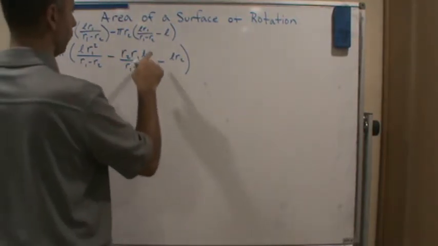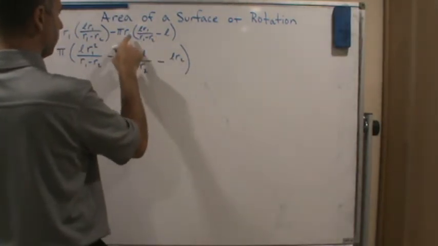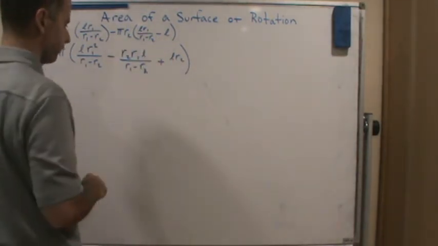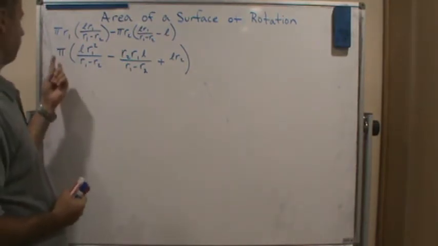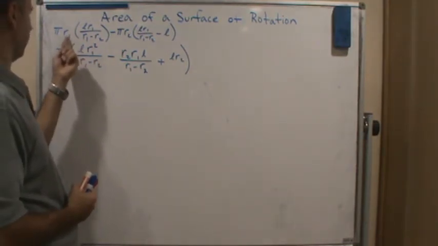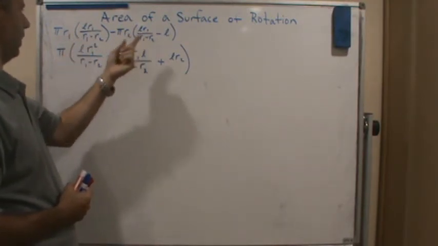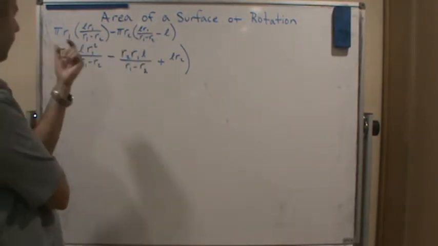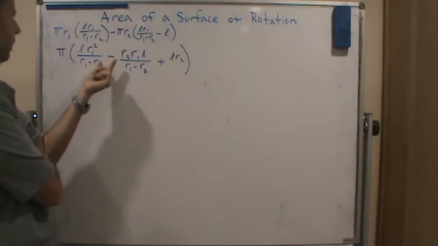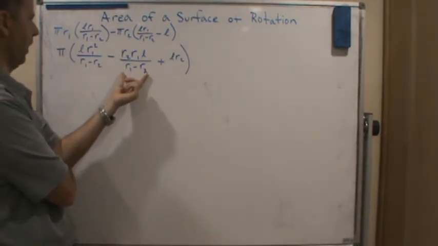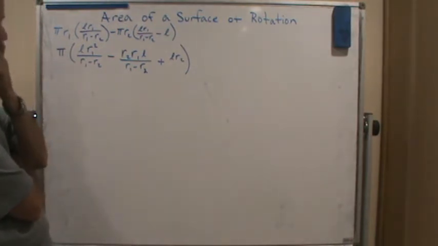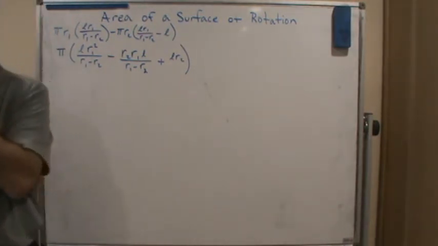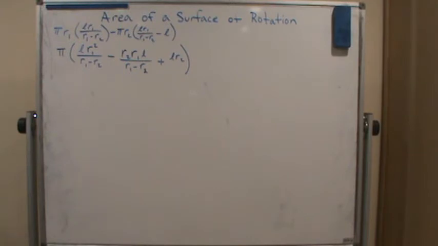Actually, I'm going to distribute, so this should be negative, this should be positive. So I factored out the pi, and I distributed the r here and the r here. And so I get this minus this plus that. Okay? So, what do we want to do now?